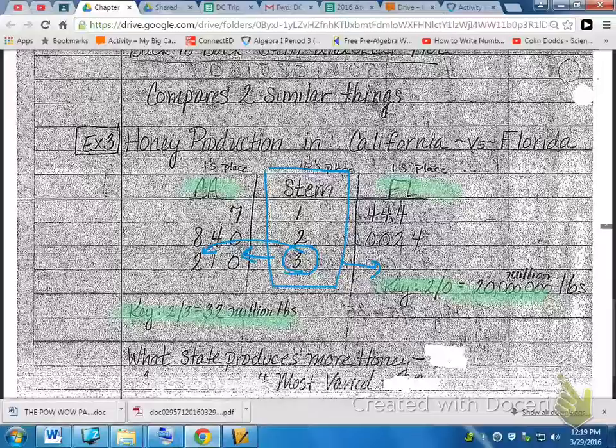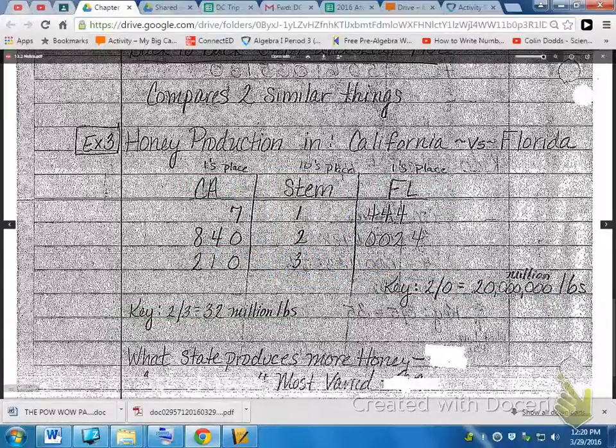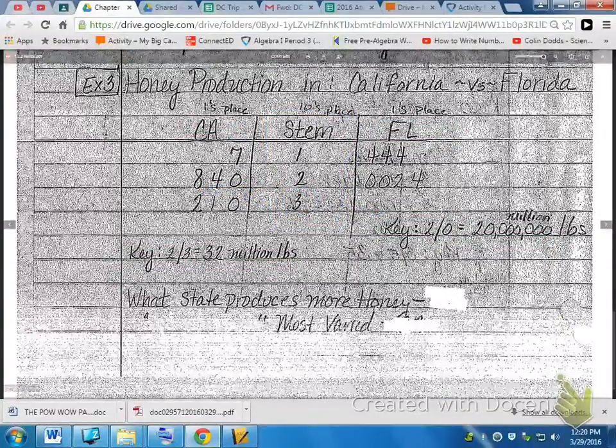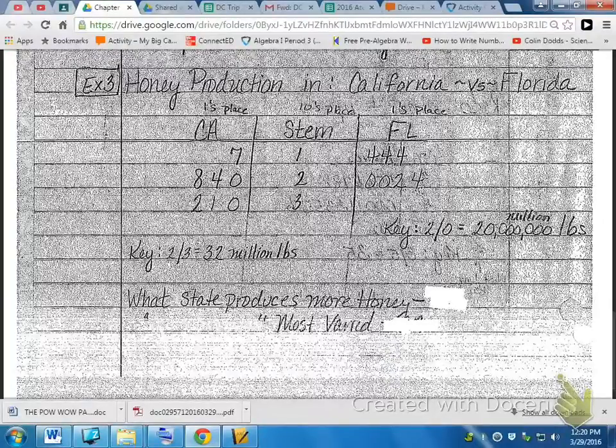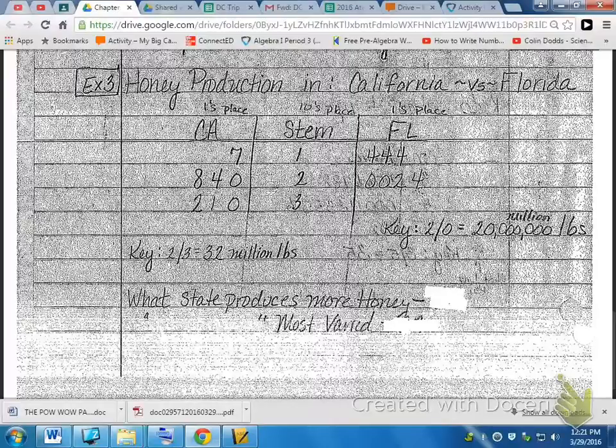Okay, now we've got some questions based on this. It asks, what state produces more honey? What do you think, Tristan? Just by looking at it, can you tell?